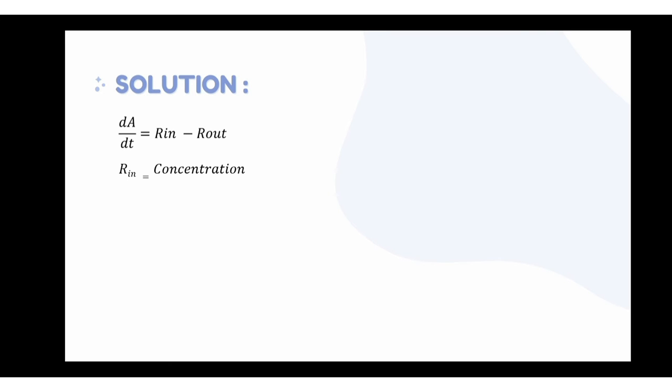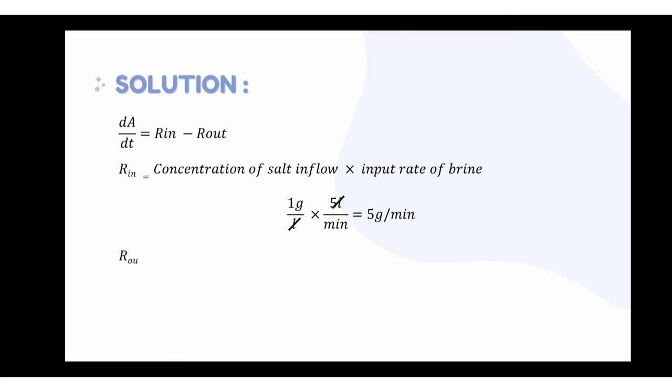We know that dA over dt equal to rate in minus rate out. So first of all, we need to find the value of rate in and rate out. The salt was entering the tank at the rate of 1 gram per liter times 5 liters per minute, equal to 5 grams per minute.